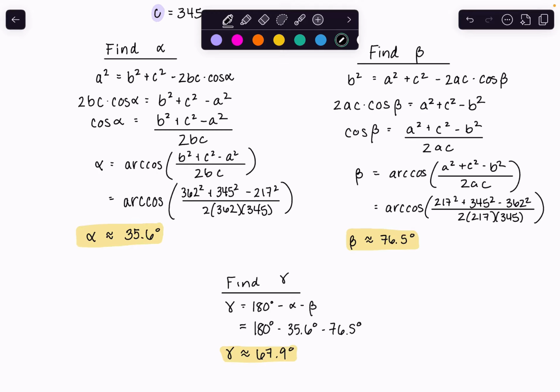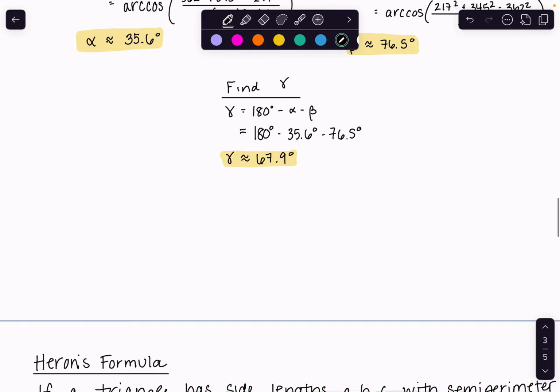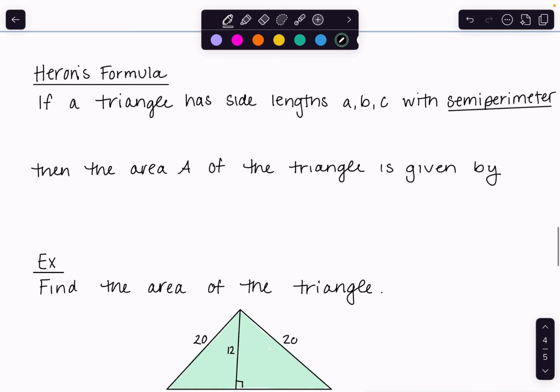The last thing we're going to do is kind of like we did with the law of sines, how we had another formula to find the area. We have another formula to do that here, which is called Heron's formula. So if a triangle has side lengths A, B, and C with a semi-perimeter, remember the perimeter is just the sum of everything. You have a triangle with A, B, and C. The perimeter is the sum of those.